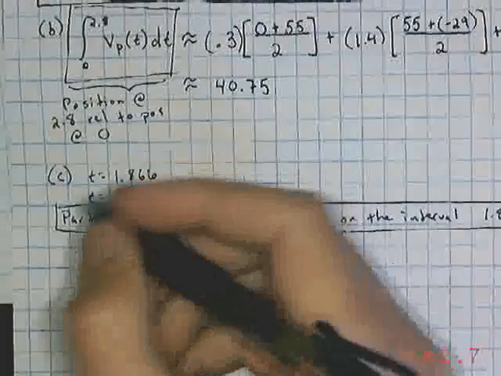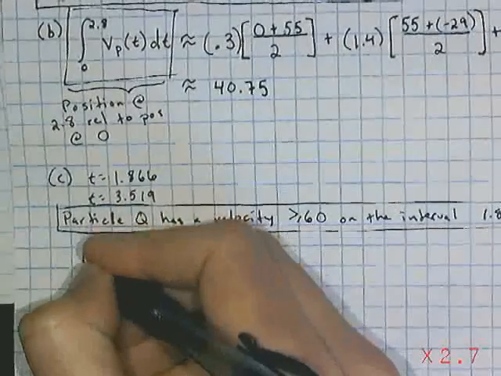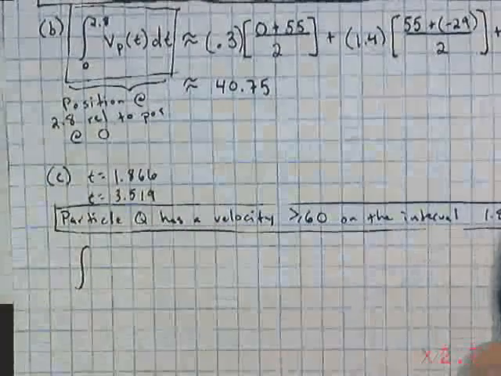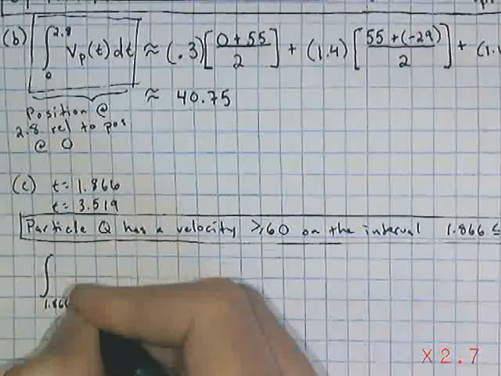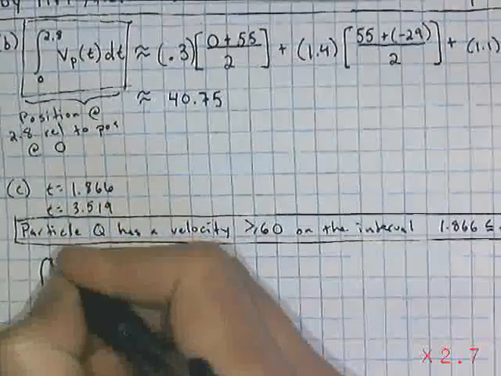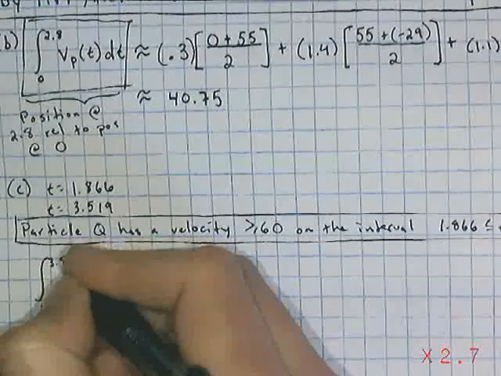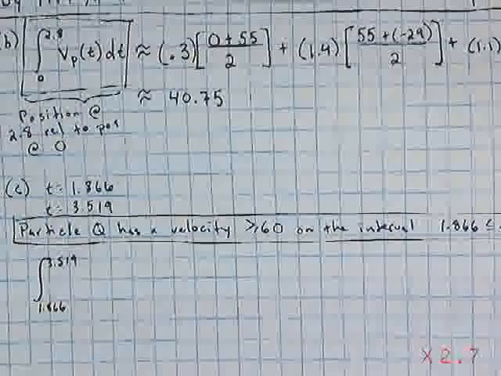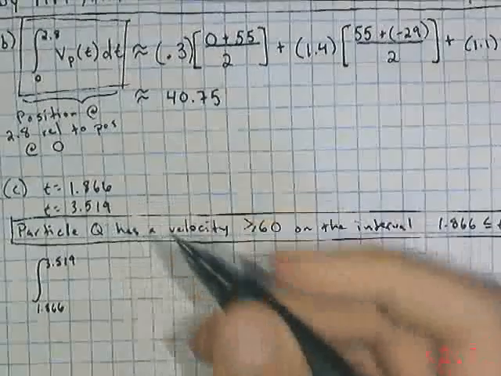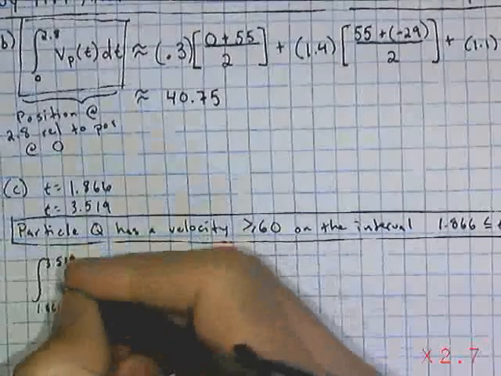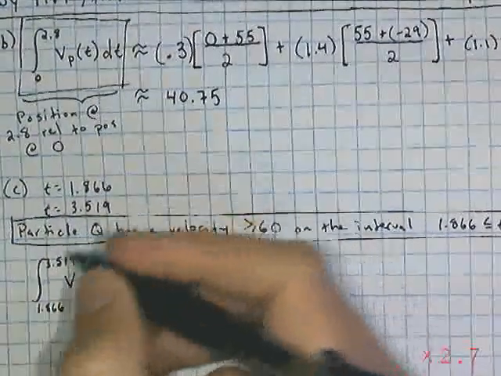So that means we want to look at the definite integral on the interval we just figured out, 1.866 to 3.519. Again, since they've given us v sub q of t here, let's just use that notation.